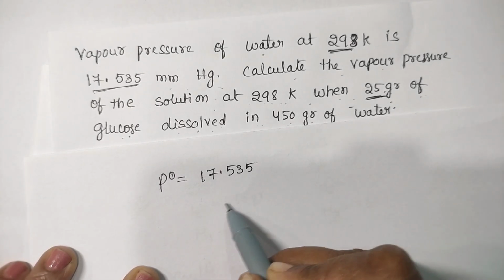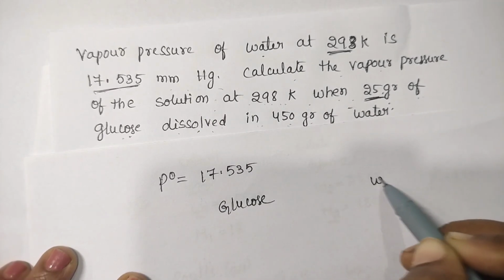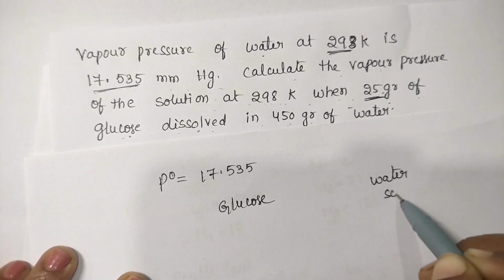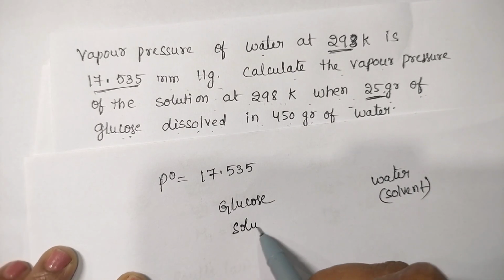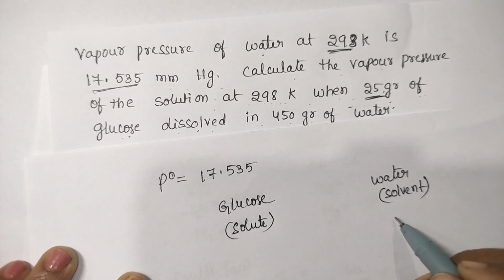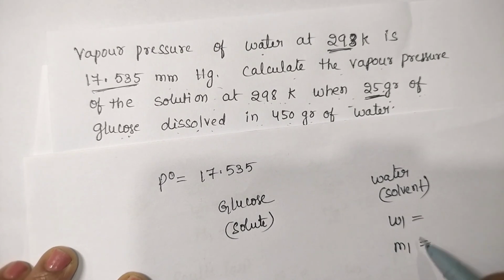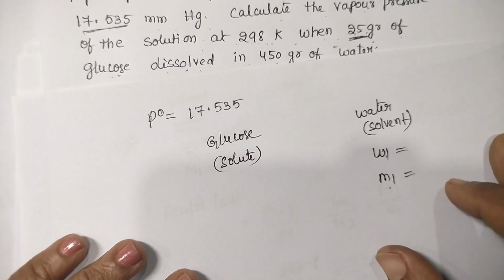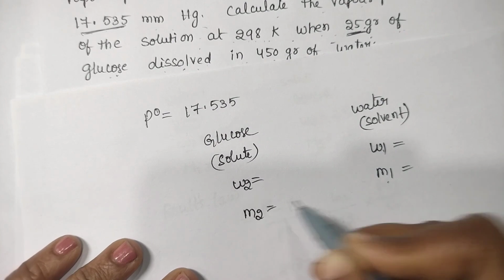Water will be the solvent and glucose will be the solute. So for the solvent we take W1 and M1, W1 meaning weight and M1 meaning mass. Here this is W2, this is M2.